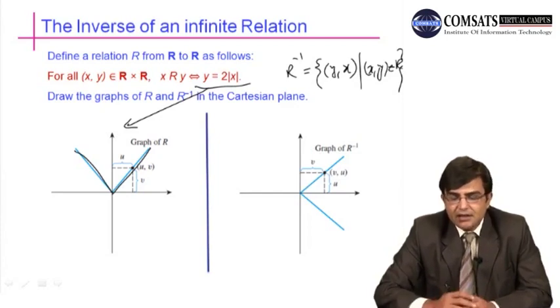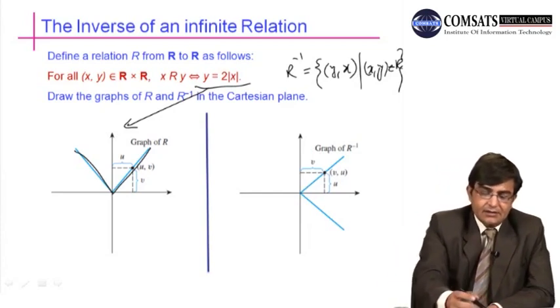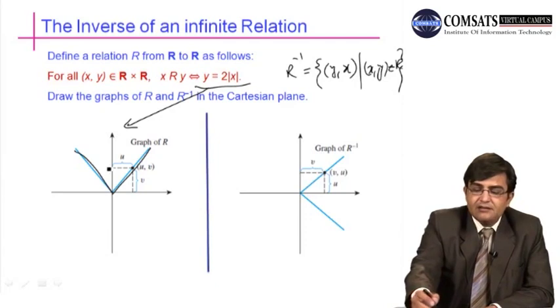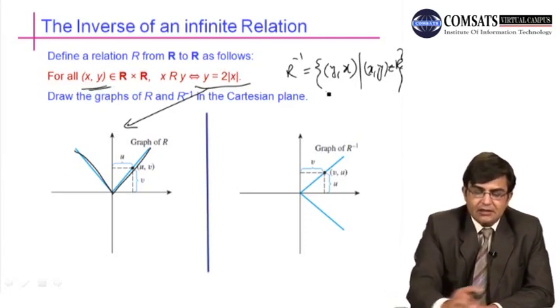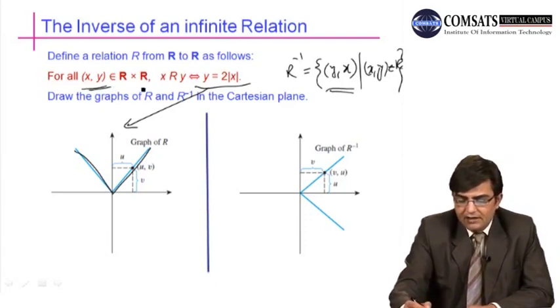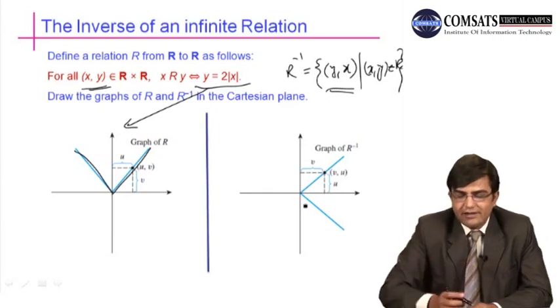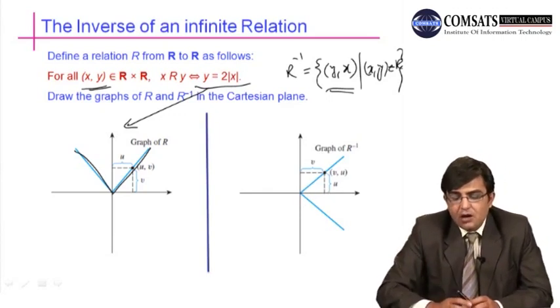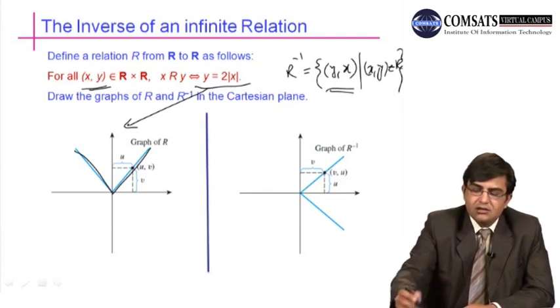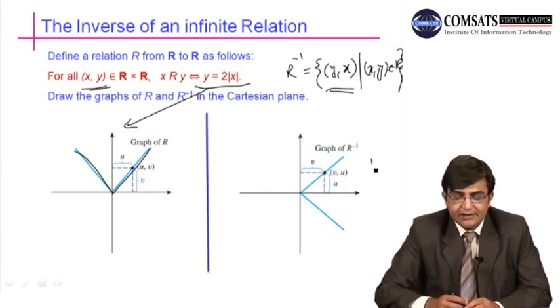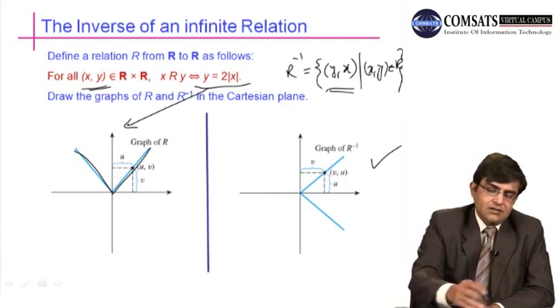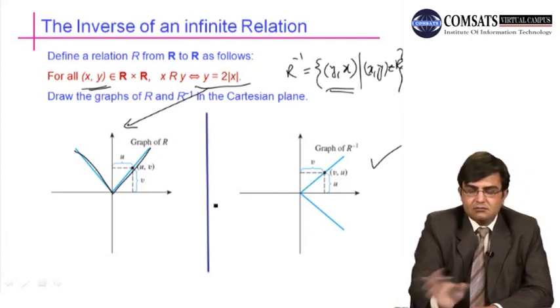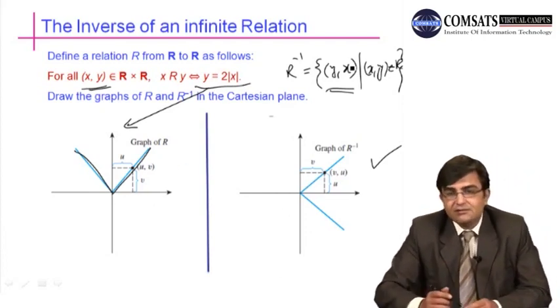If we interchange the place in the ordered pairs in R inverse, then the graph we shall have is like this. Now we have, for two values of y, one value of x. This is how we can draw the graph of R inverse in the Cartesian plane. Basically this graph is rotated in this form.